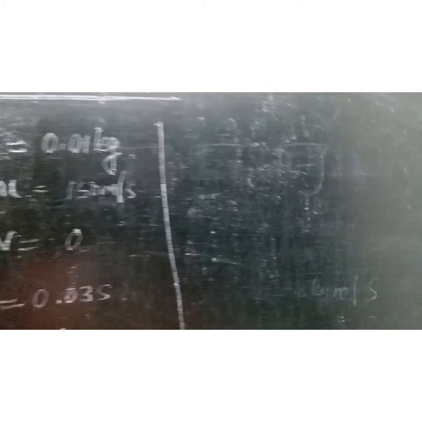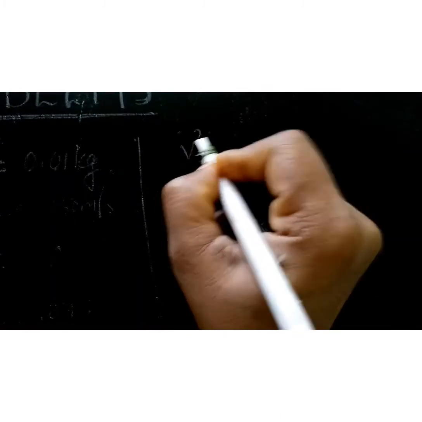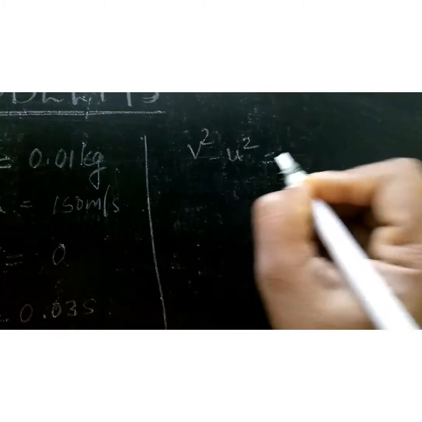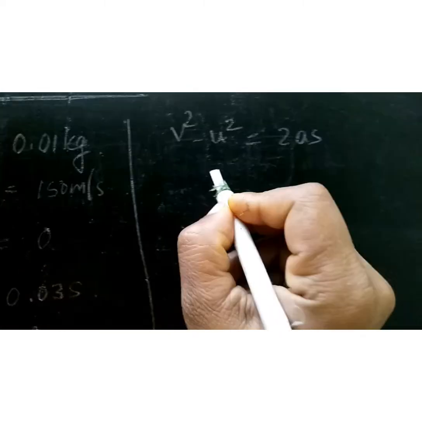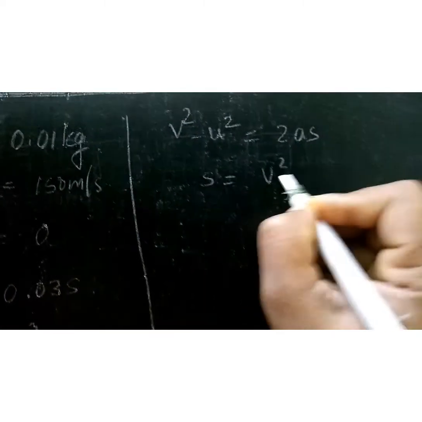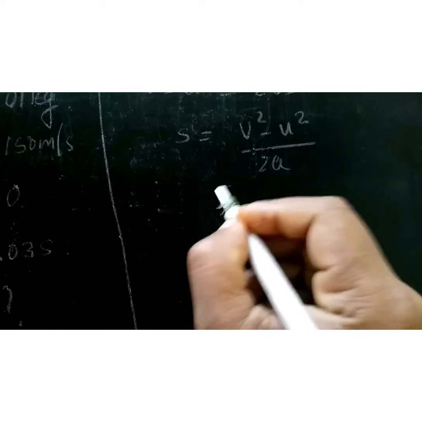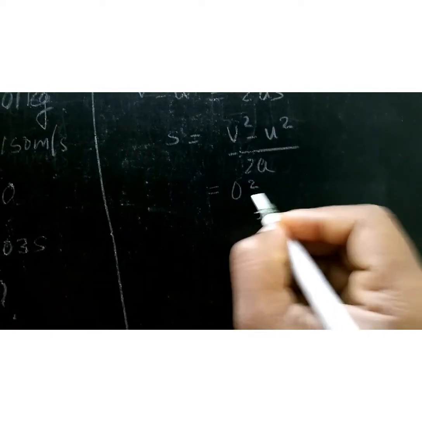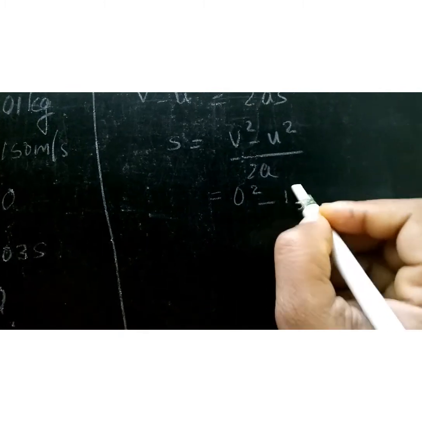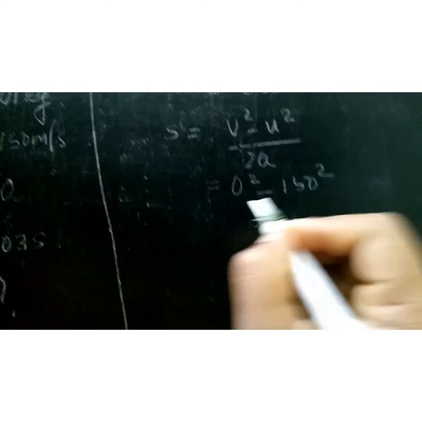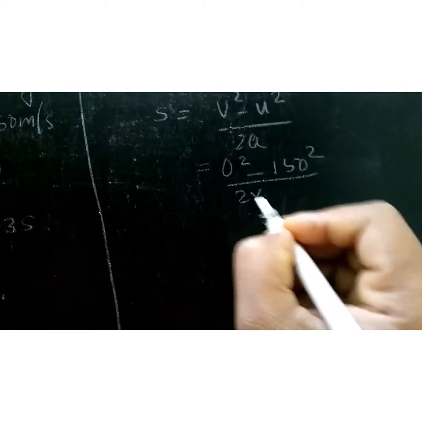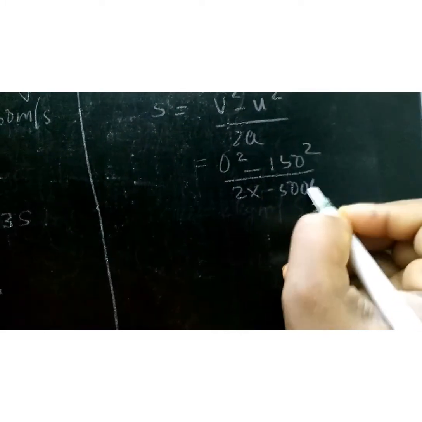Now distance of penetration we have to find out. For that we have to use the formula v square minus u square is equal to 2as. So s is equal to v square minus u square by 2a. So 0 square minus 150 square divided by 2 into negative 5000.